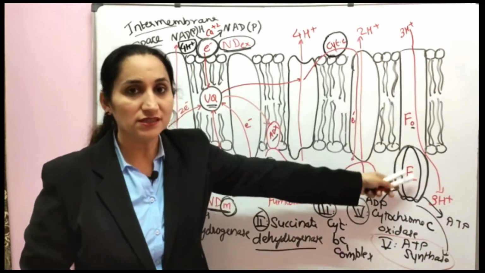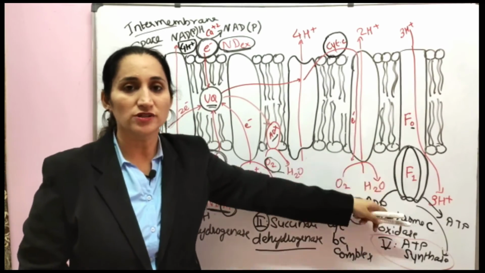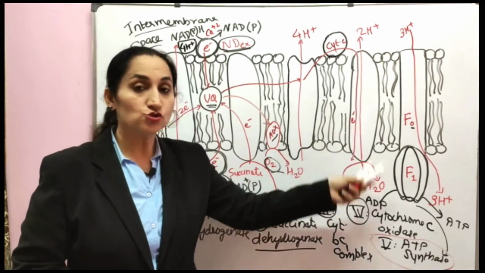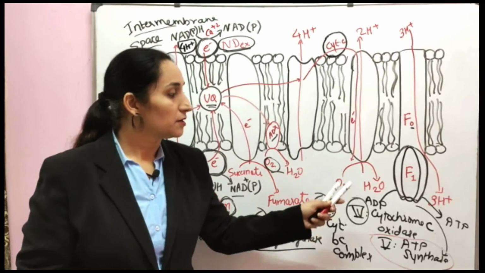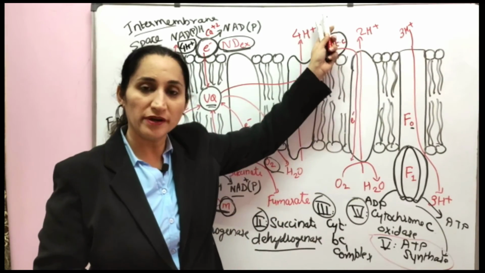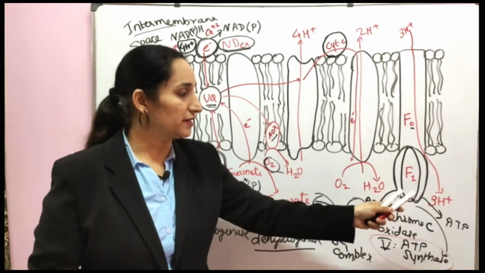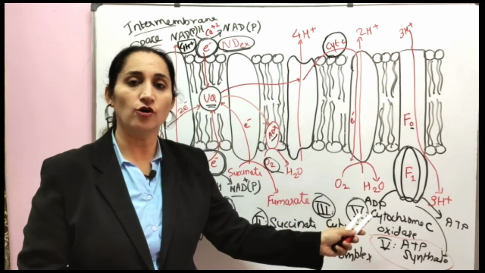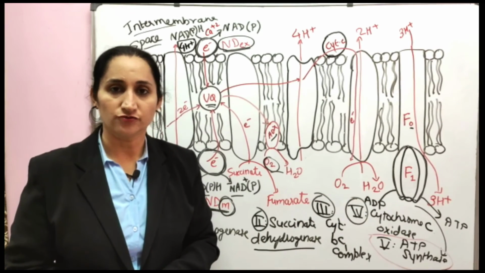FO is in the inner membrane towards the intermembrane space and F1 is towards the matrix side. These two are rotary motors and they pump protons back from the intermembrane space to the matrix, and in the meantime this F1 part will form ATP from ADP and inorganic phosphate.